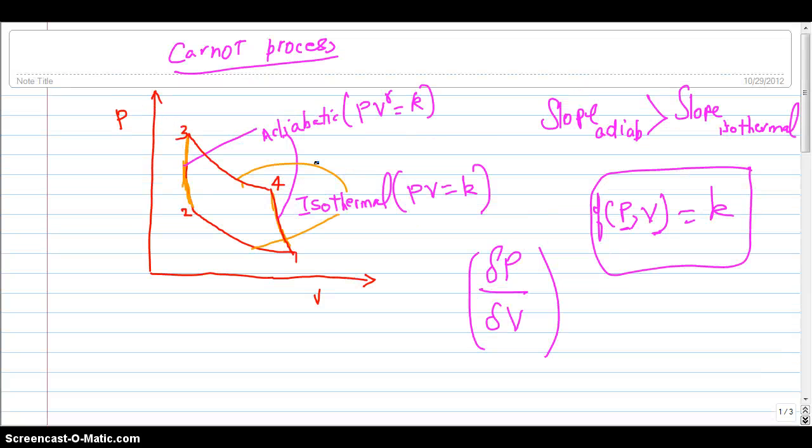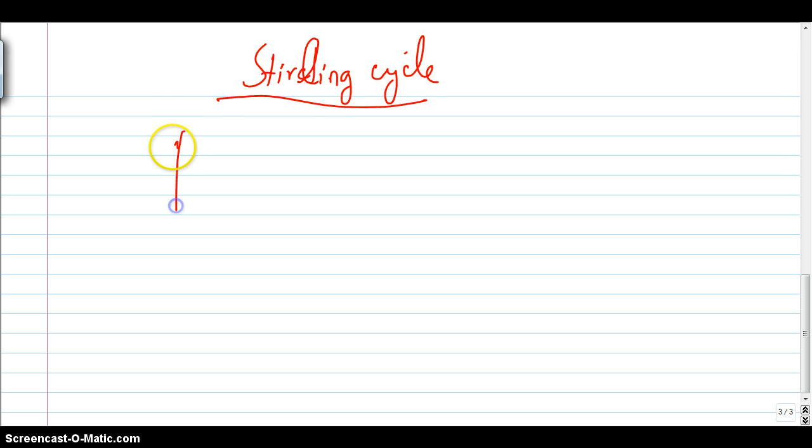So this is the Carnot process, and you have one more similar process. By the way, a closed process like this would be called a cycle. There is one more called the Stirling cycle. On the PV diagram, the Stirling cycle would look something like this.